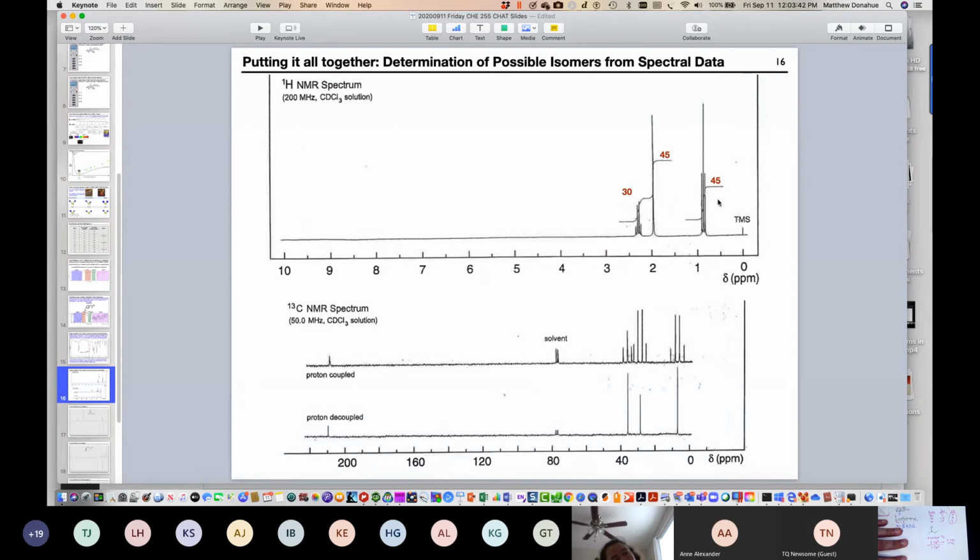So now when you look at this spectrum back on the screen, the one that's 30 is the CH2 group, right? Because we said the ratio is 2 to 3 to 3. So this peak at about 2.5 ppm belongs to the CH2 group.